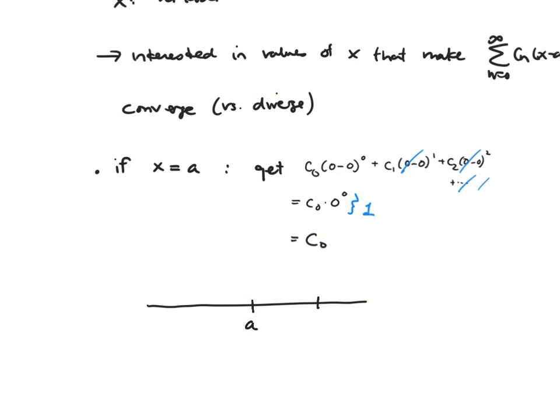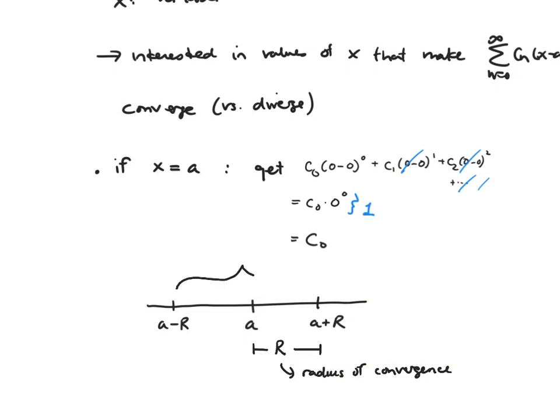We can step off some value r in either direction, like this. This little r, the distance I can move away from a until I stop converging. So that range of values for which I converge in terms of a distance away from the a is called the radius of convergence.